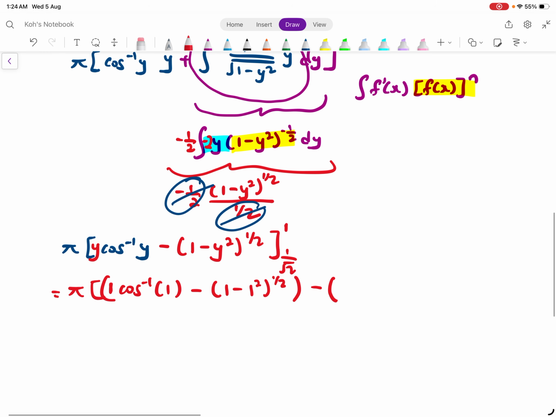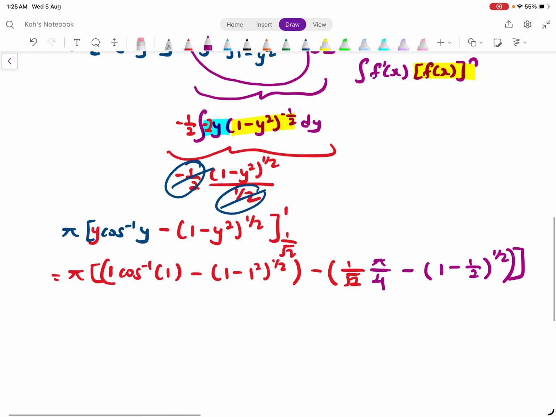Minus of bracket, I put 1 over root 2, so cosine inverse 1 over root 2 will give you 45 degrees, pi over 4. And you put a minus, and of course again it is 1 minus y squared, so it's 1 minus half, and the whole thing to the power of half, and close the square bracket.